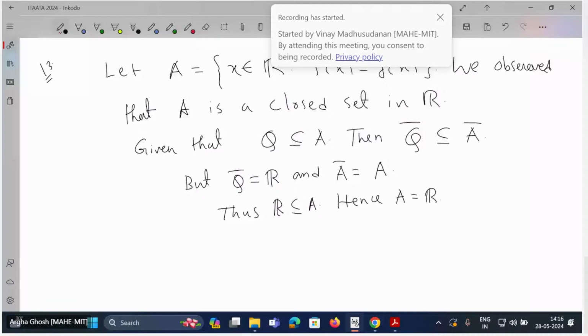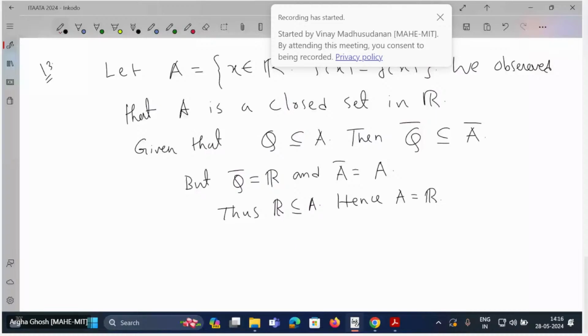It is actually the whole thing. If you look at the proof, as he said, if you consider instead of rational numbers the set of all irrational numbers, still this statement will be true. Or if we have any dense set, then still the statement will be true.